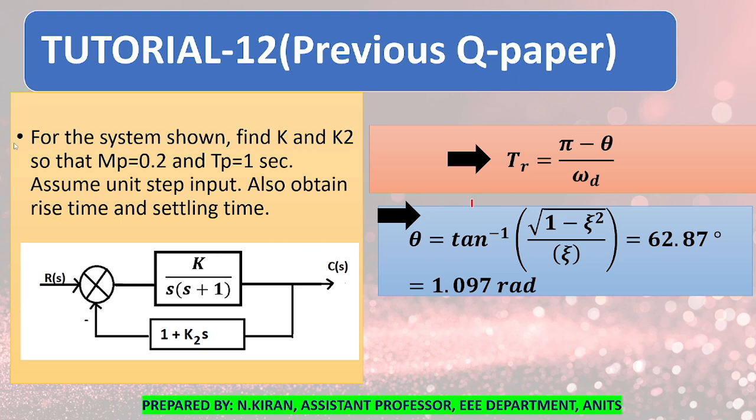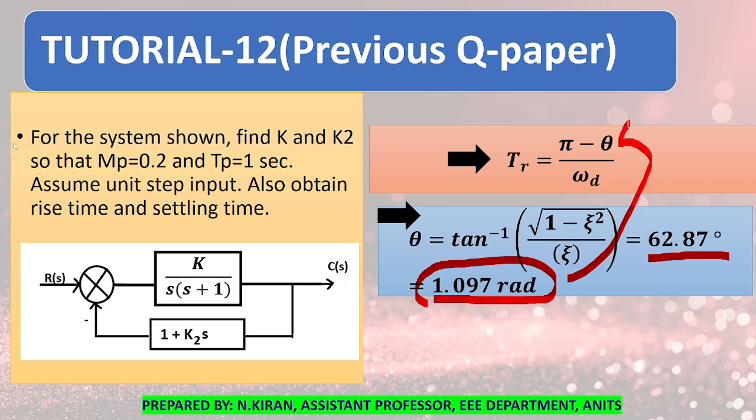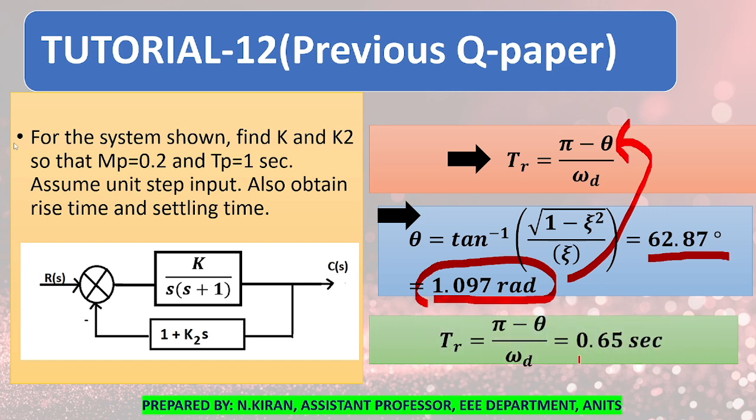So if I substitute the value of zeta, that will give me the value of theta in degrees as 62.87. So if I multiply that by pi by 180, that will give me the value of theta in radians, that is 1.097 radians.